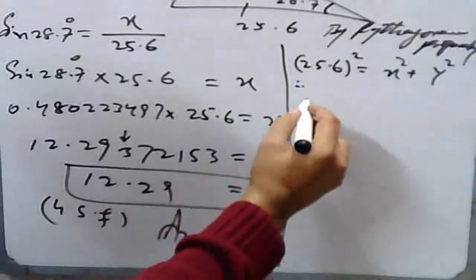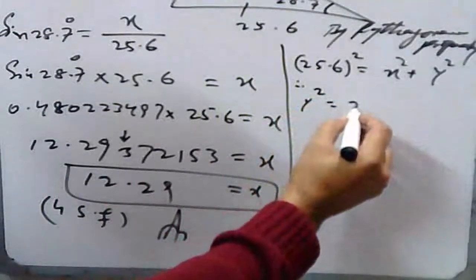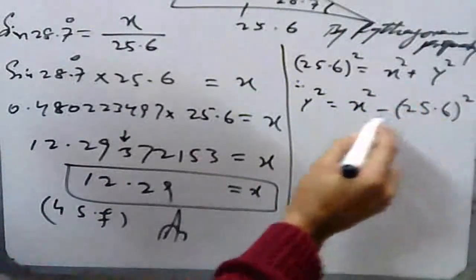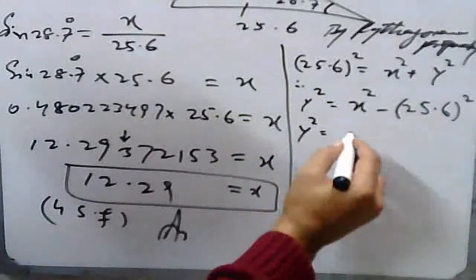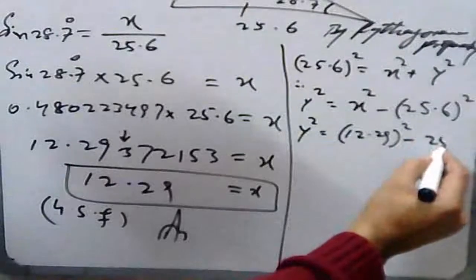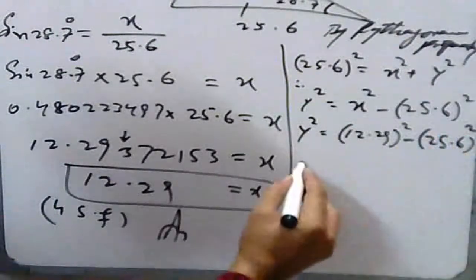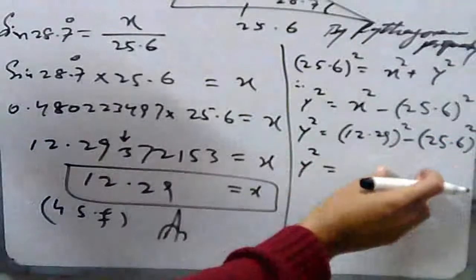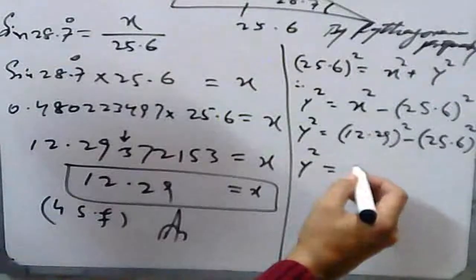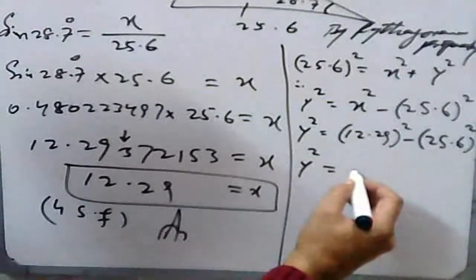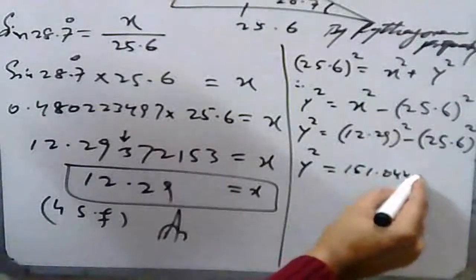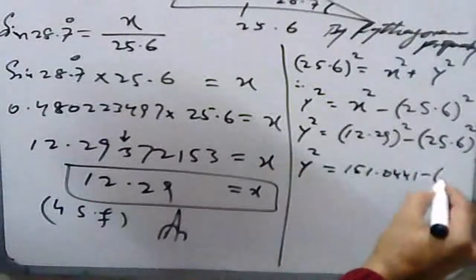So we need the value of y, so the x value we have calculated here is 12.29. So you can write y square is equal to x square minus 25.6 square. So the value of y is 12.29 square minus 25.6 whole square.